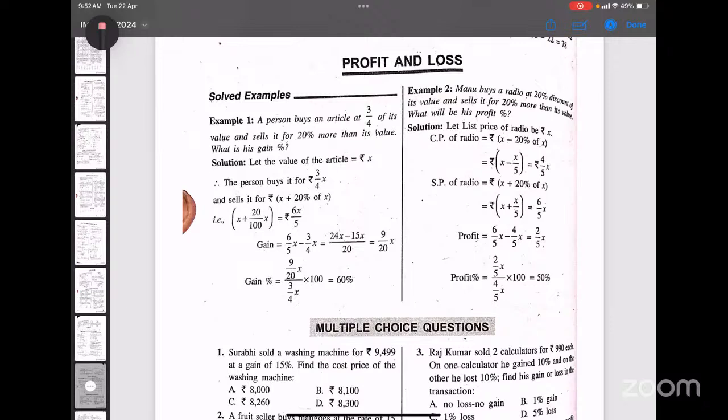But for loss, we say that cost price will be greater than selling price. So we state it as you have to subtract selling price from cost price and vice versa. But now you are in a higher standard, so you need not worry about these formulas. You can just simply say that the difference between selling price and cost price will be profit or loss accordingly. Yes or no?